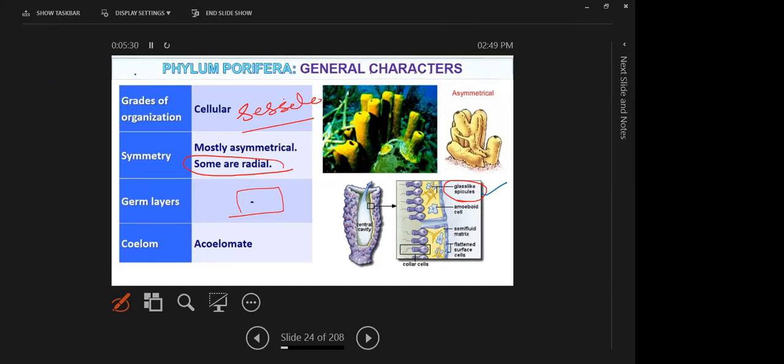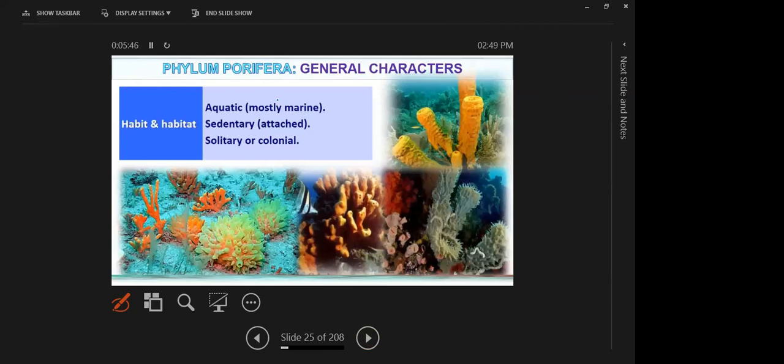And what's the common name of Porifera? Sponges. Have you seen the sponges? Yes. They are aquatic, totally marine. They are sedentary or sessile, attached.